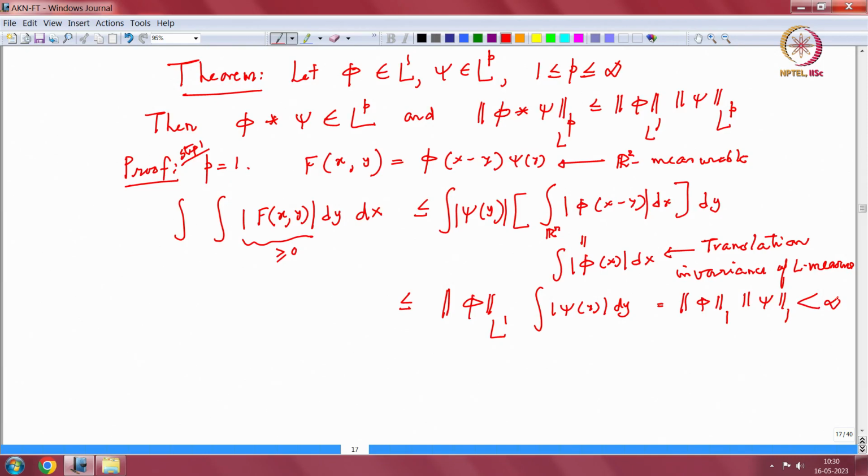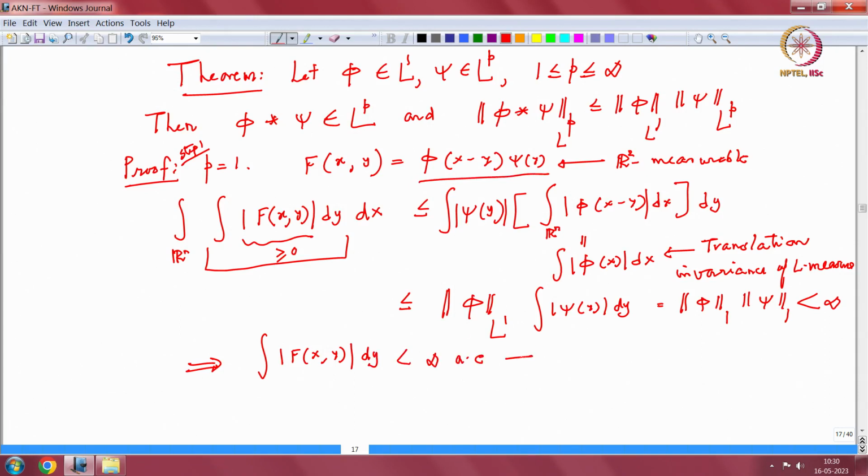Okay. If that is finite, what does that give? An integral over Rn. So, this is your integrand. That implies that if the integral is finite, the integrand is finite almost everywhere. That implies the integral of modulus of f of x minus y dy, keep this in mind, is finite almost everywhere.